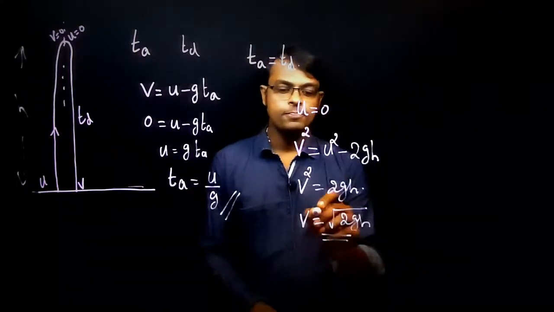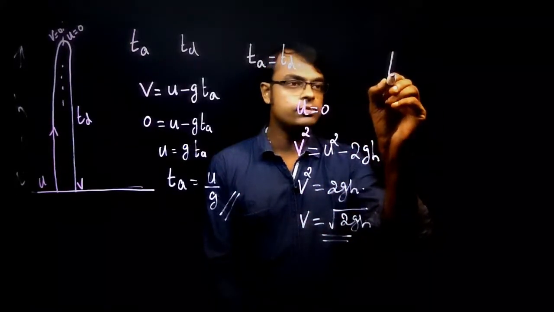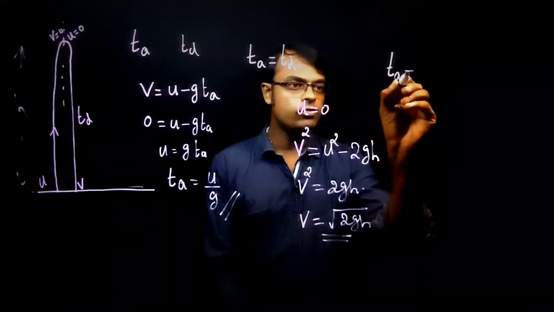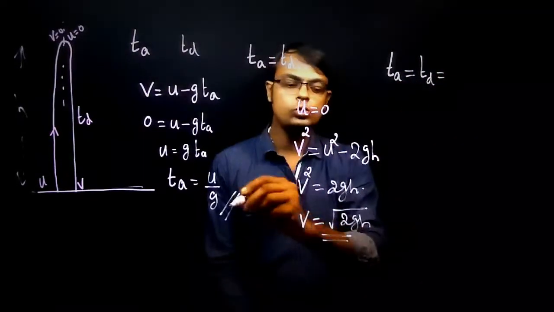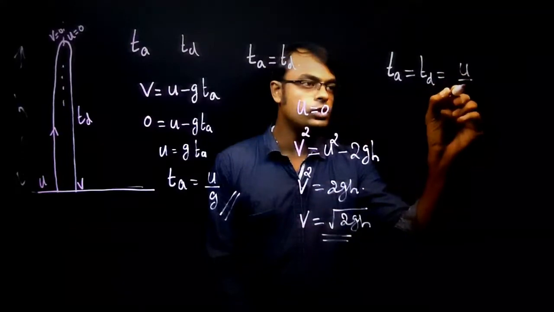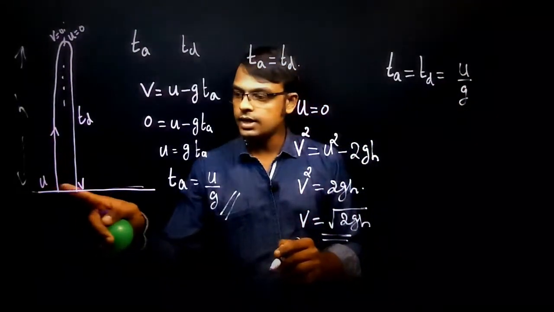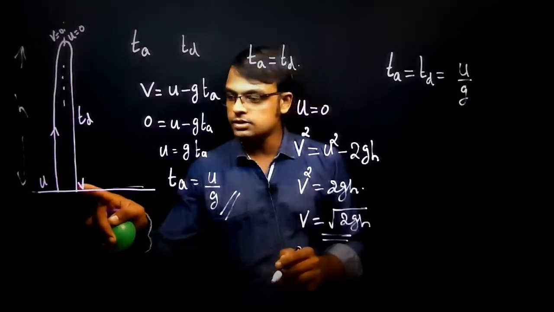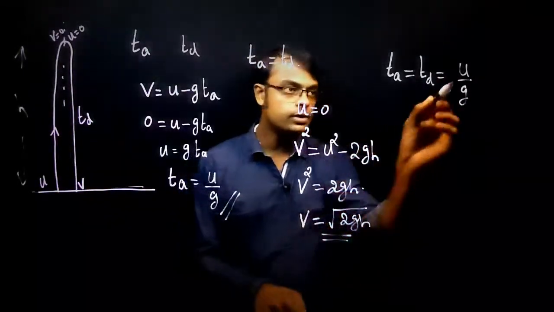Correct? Now, what is the time of ascent formula or time of descent formula? Both are equal, right? So time of ascent is equal to time of descent, which is equal to U divided by g. U as well as this V, exactly at the point of projection and reaching at the same point, U and V are equal. So we can substitute for V here in this case.